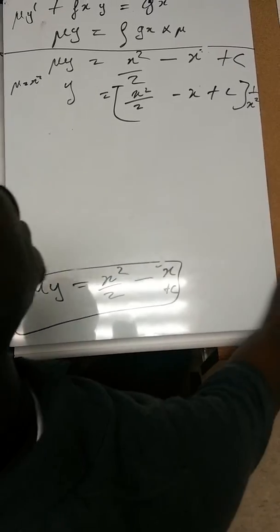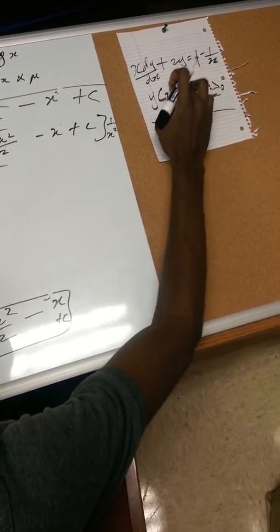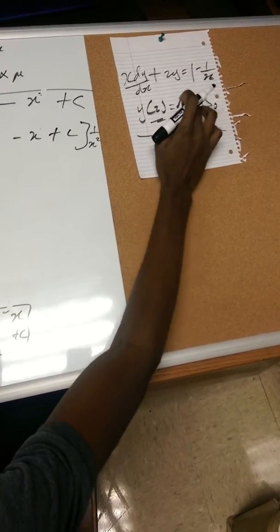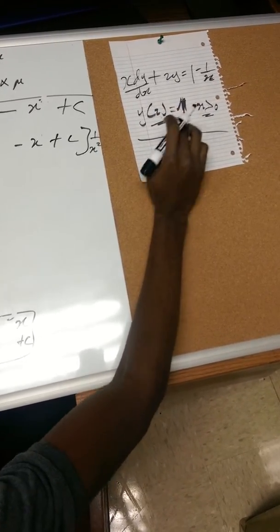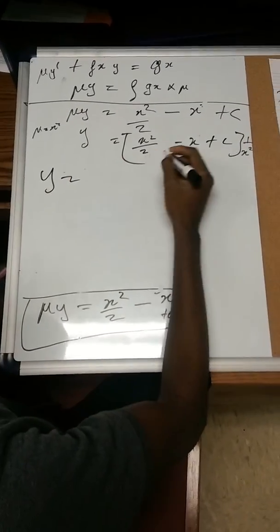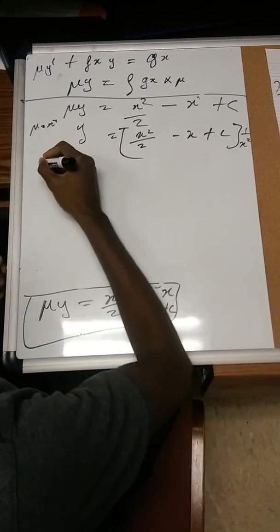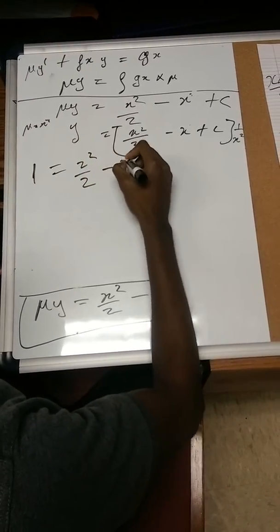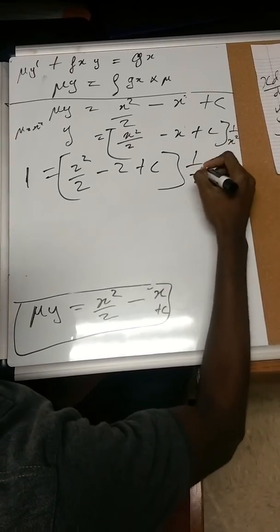Now, from this function that we already predetermined before, we know that when x is 2, y is equal to 1. So when y is 1, it's meant to be equal to 2 squared over 2 minus 2 plus c, all multiplied by 1 over 2 squared.